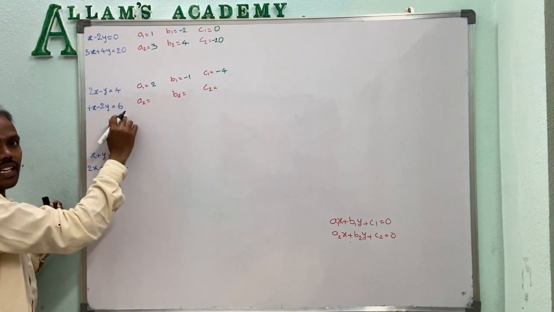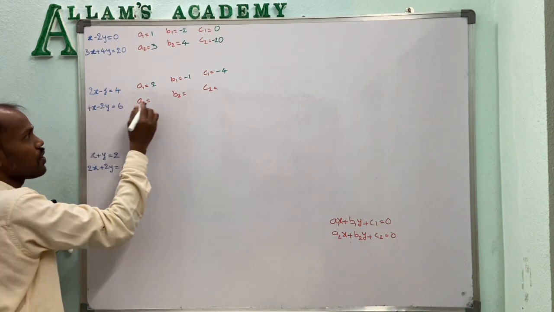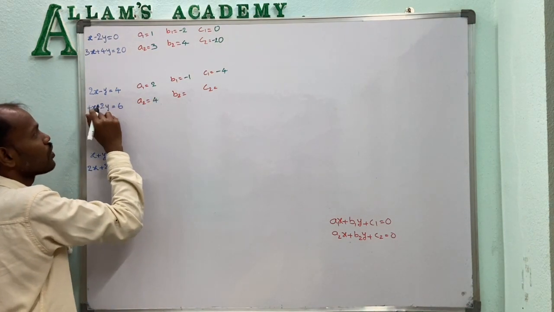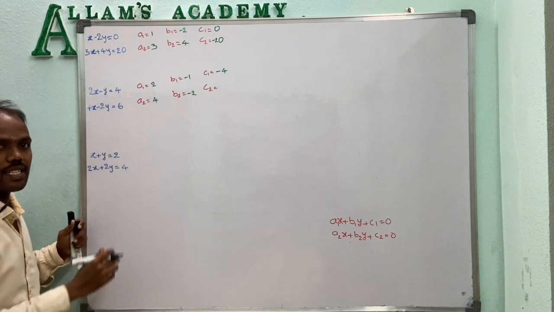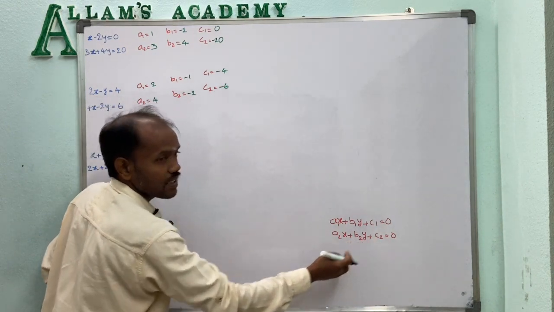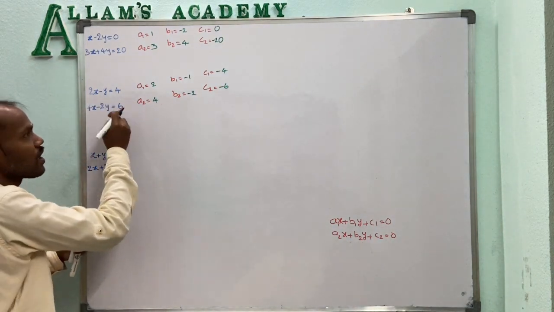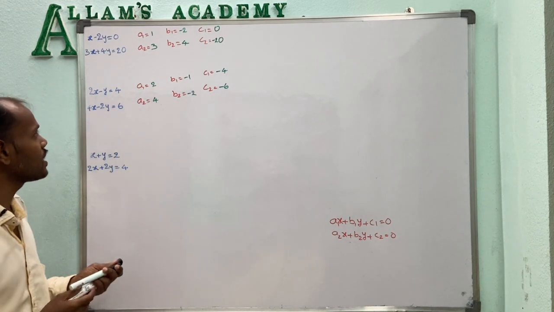For the second equation, 4x minus 2y equal to 6, the x coefficient is 4, the y coefficient is minus 2, and the constant term is minus 6. Why? Because we said the general form has plus c2 equal to 0, so this is transferred to this side, which makes it minus 6.